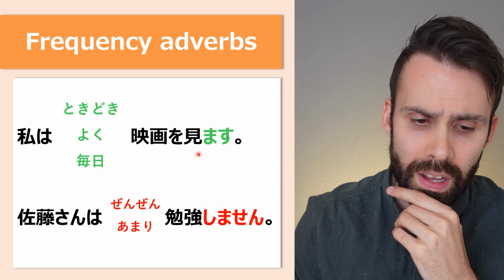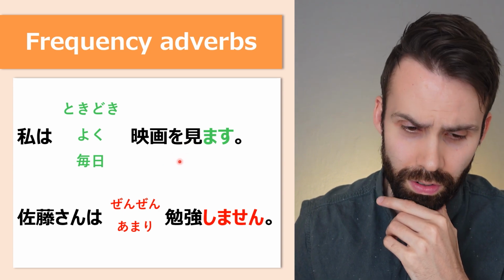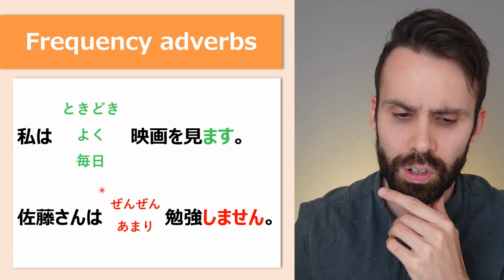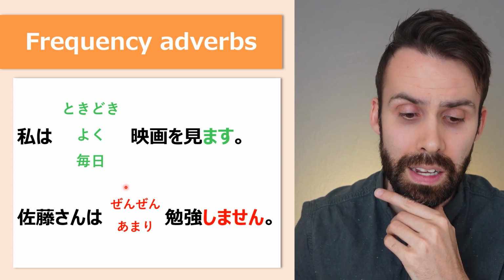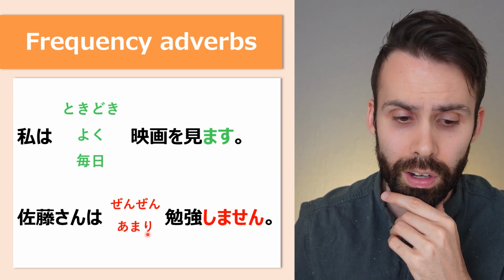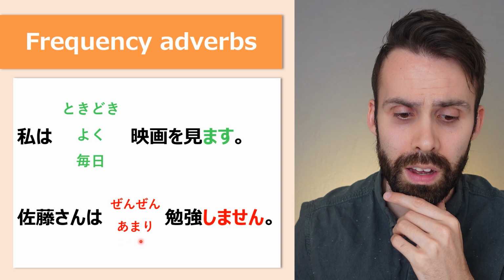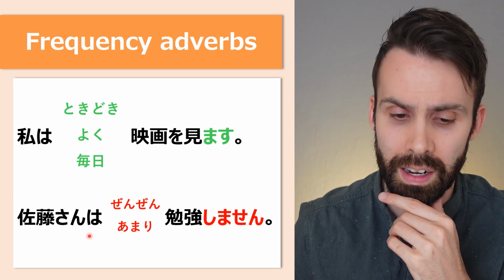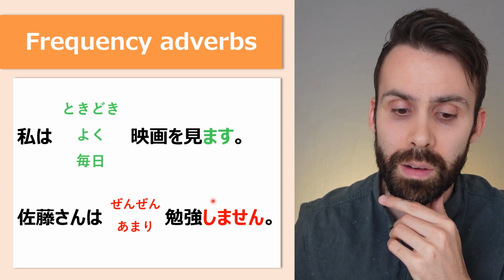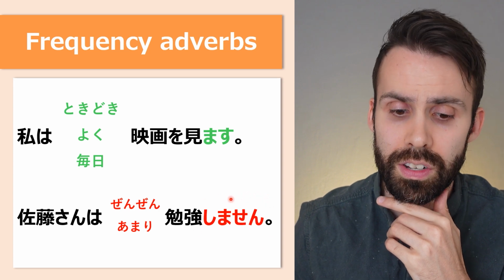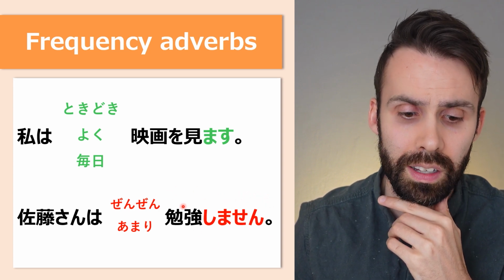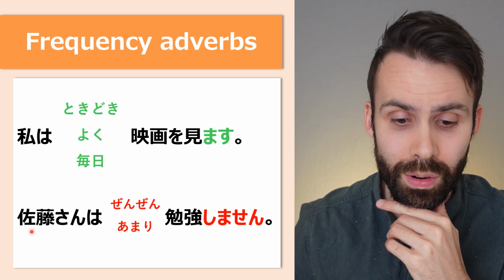And then in the negative portion, where we have these negative adverbs, 全然 meaning never, and then あんまり meaning not often or not a lot, we have 佐藤さんは全然勉強しません. And then the verb at the end must also be negative. So, doesn't study at all. 佐藤さんは全然勉強しません.